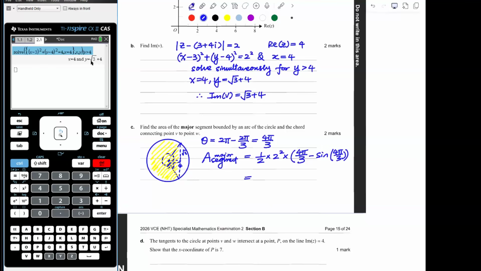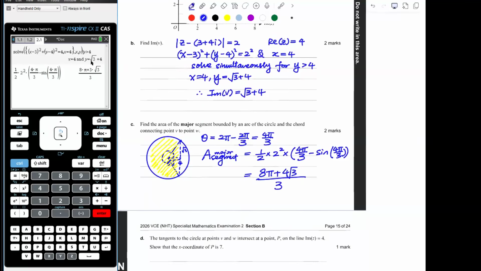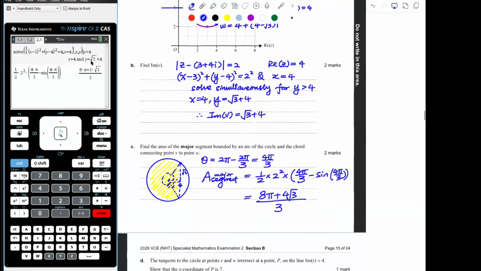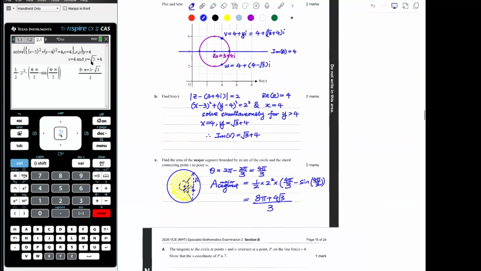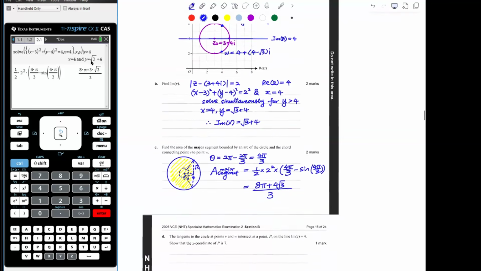And then you can just do that minus that. So that's the final answer. You could also use integration though, but I don't think it's necessary. In this case, you just use the trig mensuration, circle mensuration formula.